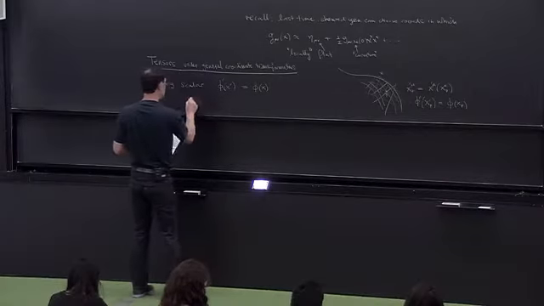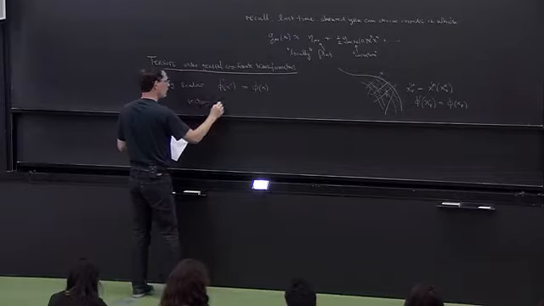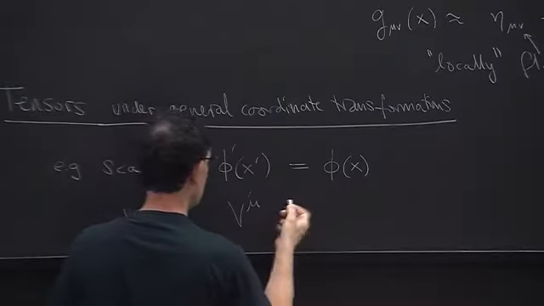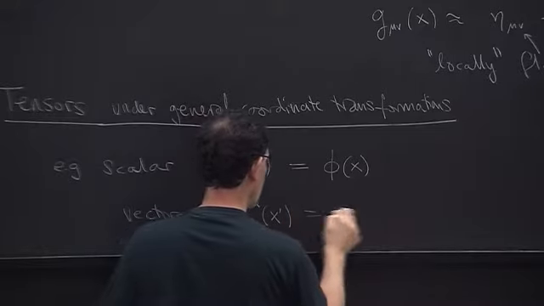Likewise, we have vectors, and here we have two kinds. The index can be up or down.